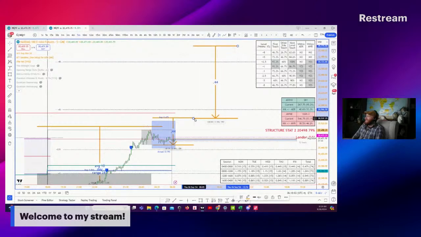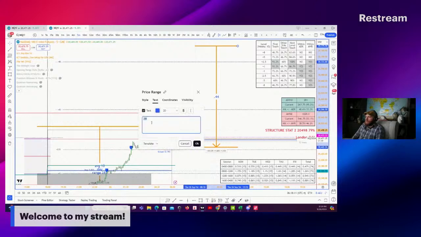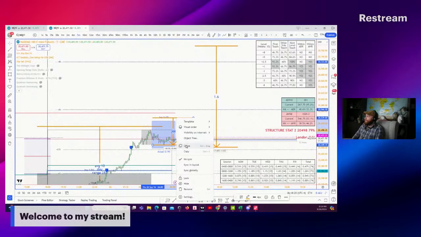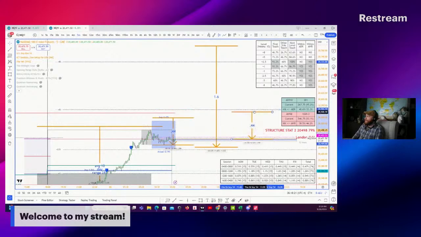So the last 16 weeks on a Thursday, 8 to 12 moves 1.6% on average. And we can see that 12 to 1600 over the last 14 weeks has moved 1.06%.